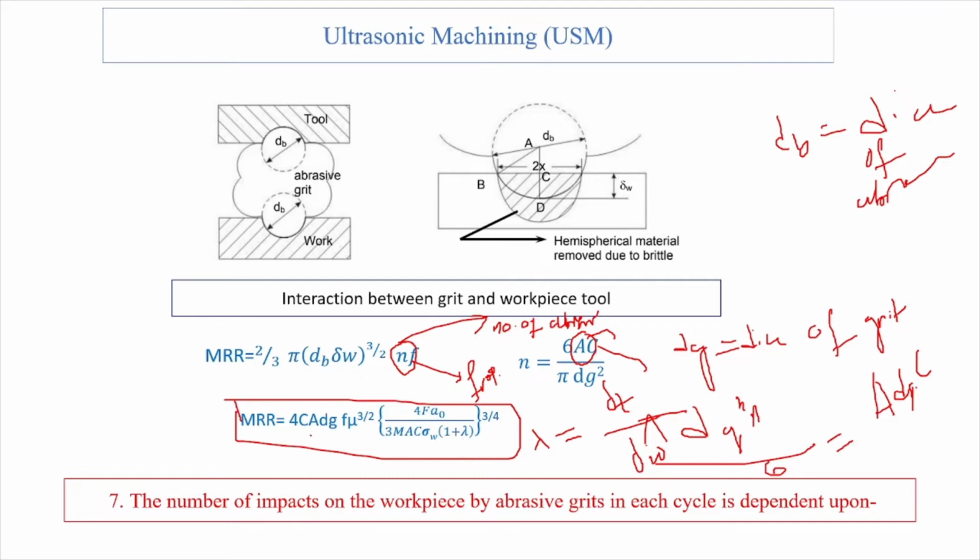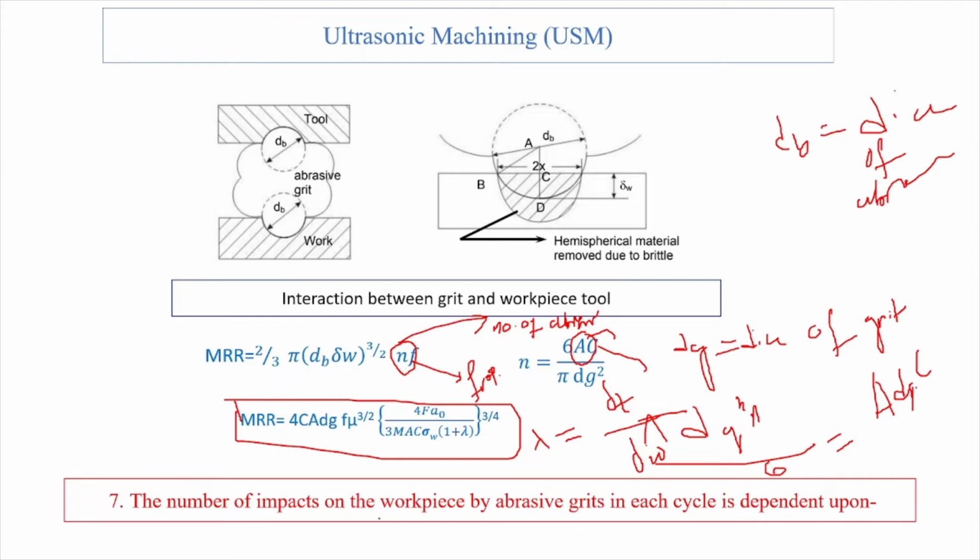So MRR is dependent on C, A, dg, F, mu. F is the maximum force, and M, A, C, and delta W, lambda. So MRR is dependent on each of these parameters.